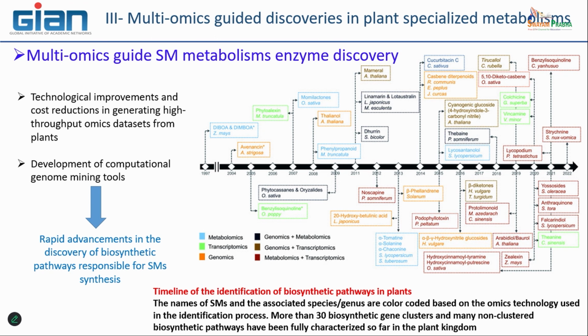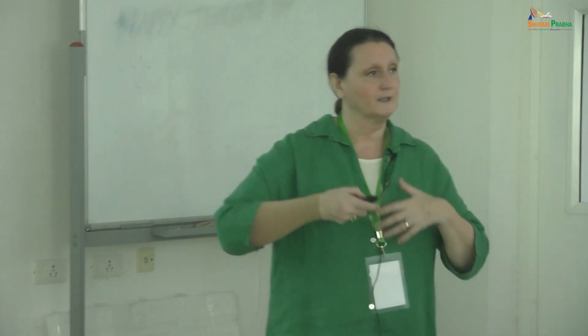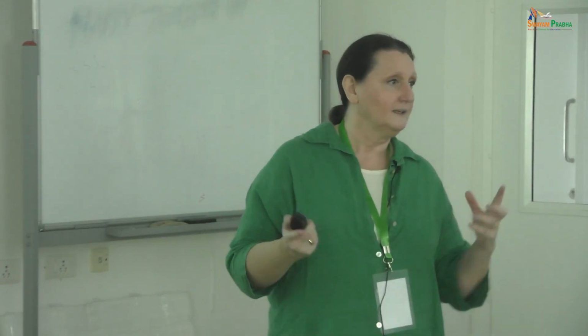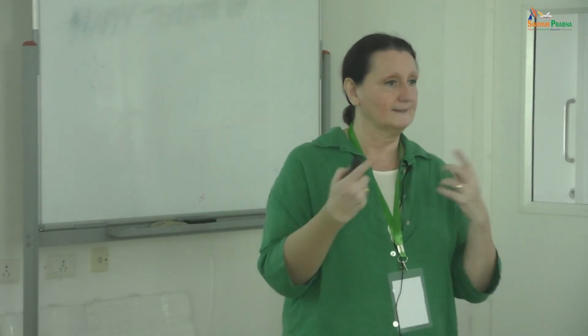In fact, we have had a lot of data for a long time: transcriptome, genomes, and also proteome, metabolome. But what we needed were specific algorithms that could analyze such amounts of data in order to correlate them with each other.